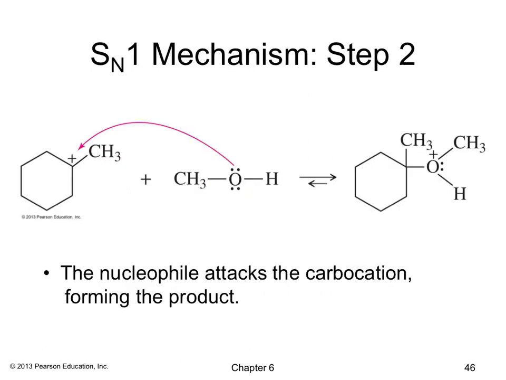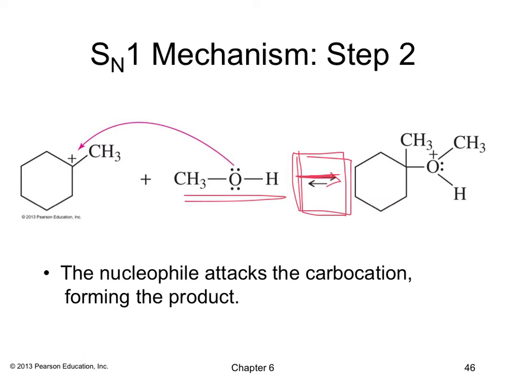The second part of the mechanism, here you're having attack. Because it's a neutral molecule, CH3OH, you're going to have attack of the electrons from the oxygen come and then form the bond. And because that is happening, again, here you have equilibrium arrows in which now it's really preferred going to the right.